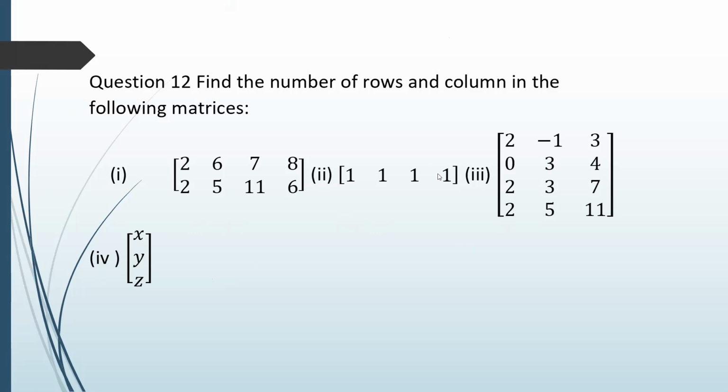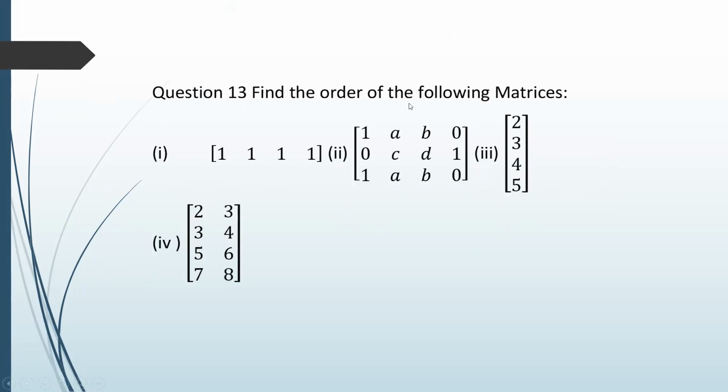Now we go for the next question. Find the order of the following matrices. We know that the order of a matrix is written as rows multiplied by columns. In the first part we see that the number of rows is 1 and the number of columns is 4.